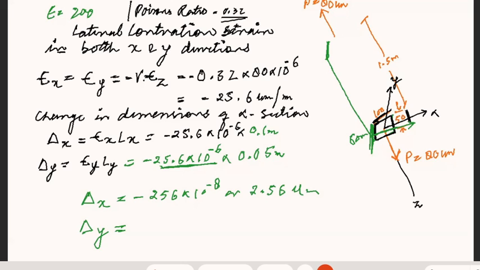And for your change in length in y direction, it will be minus 25.6 into 10 raised to the power of minus 6 multiplied by the y direction length, 50 mm, 0.05 meter. That comes out to be minus 1.28 micrometer.